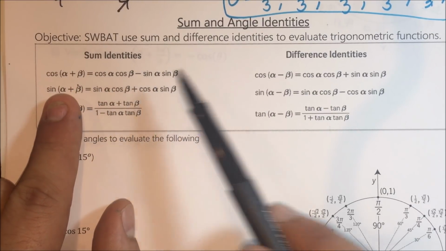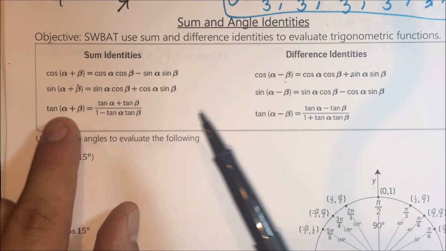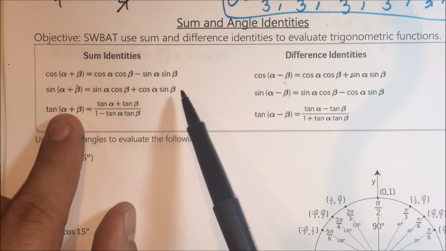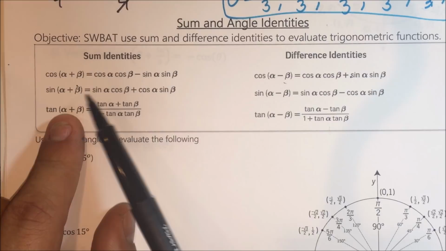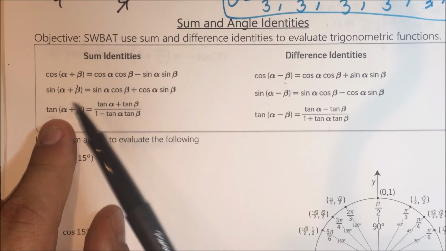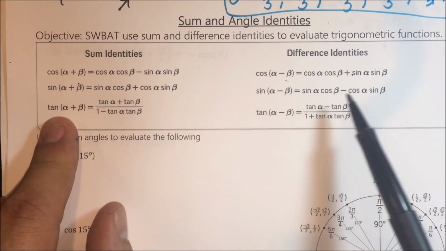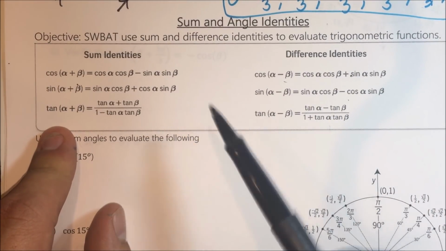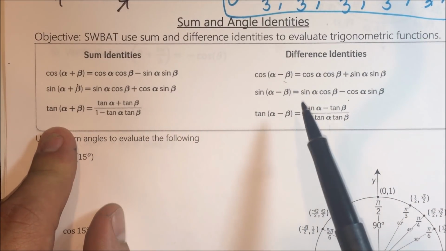So if it's plus, you put a minus. If it's minus, you put a plus. For sine, though, it's going to be sine, cosine, sine, and that typically will have the same sign as whatever was inside. So negative, negative there.